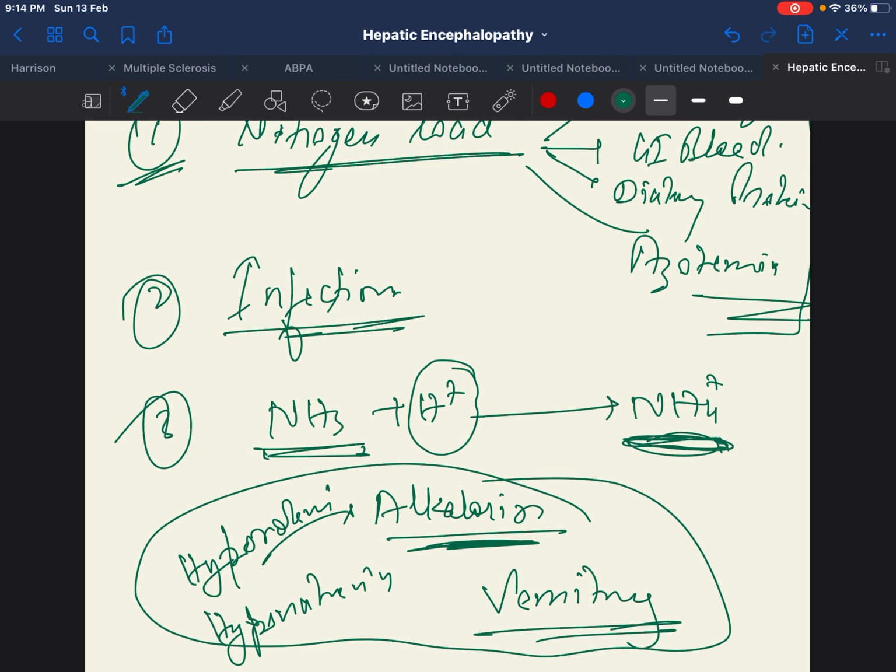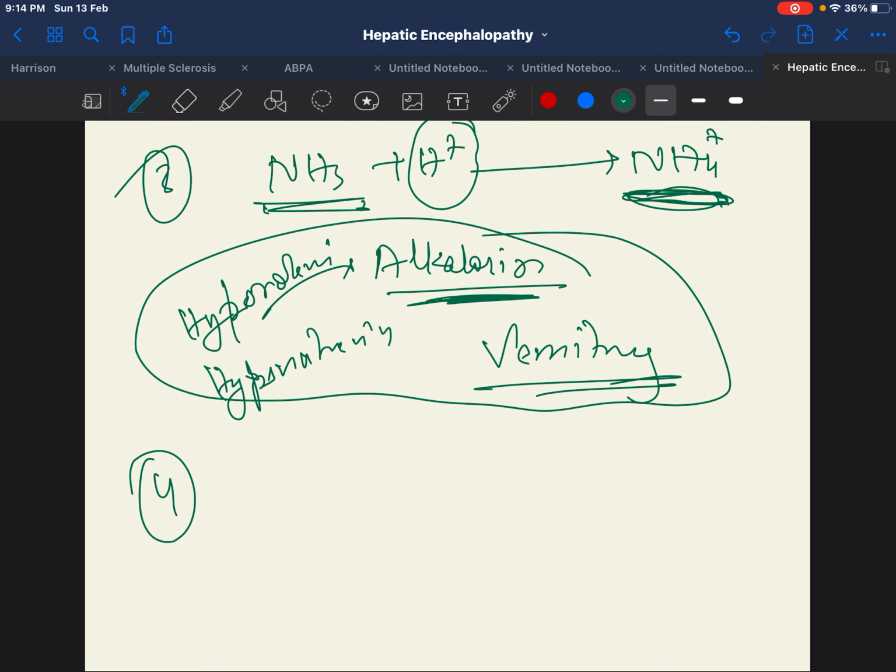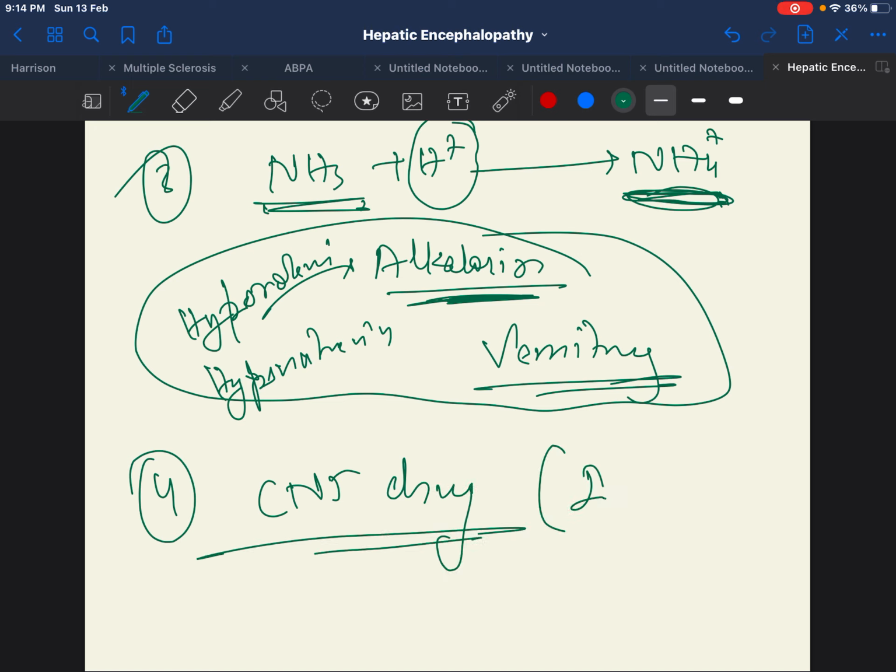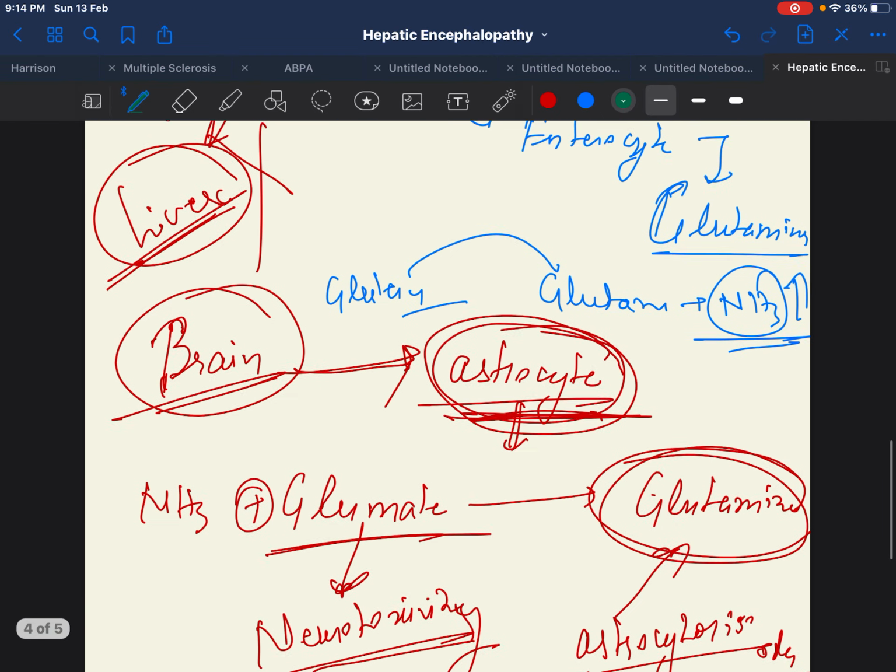And again, various CNS drugs, mainly the sedative ones. We should try to avoid sedative medications in a patient with hepatic encephalopathy, because they themselves precipitate it.